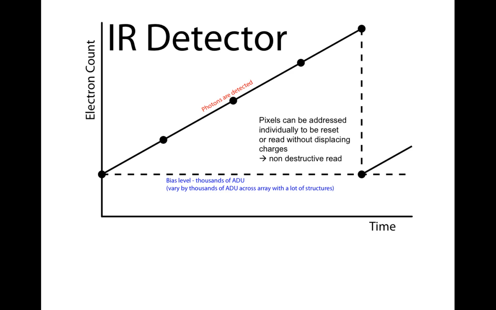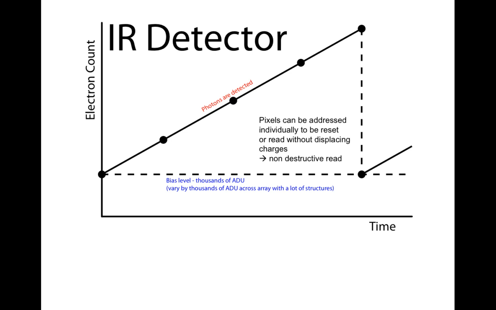An infrared detector can also access every individual pixel directly without destroying its information, without moving charges. So that allows to have non-destructive reads and do multiple reads of your image as you integrate.